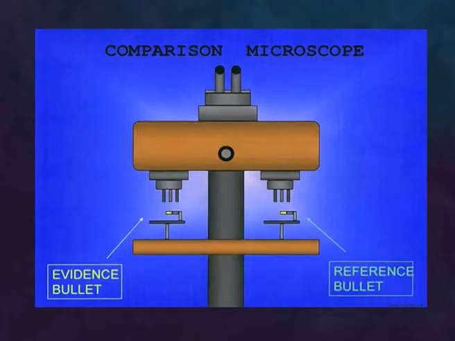To determine whether or not a particular gun has fired the questioned bullet, a detailed comparison is made of markings on the questioned bullet with corresponding markings on the test bullets fired through the suspected gun. A bullet comparison microscope is used for this determination.